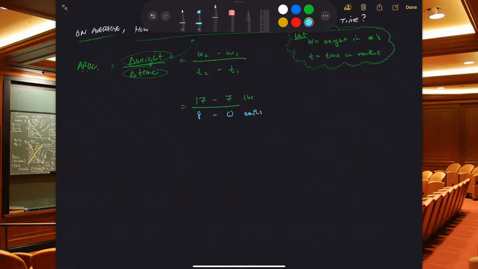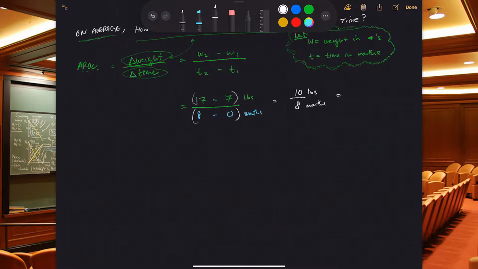And then we just evaluate and solve. So again, we have those implied brackets in the top and bottom, so we do these separately. So 17 minus 7 is 10 pounds over 8 minus 0 is 8 months.